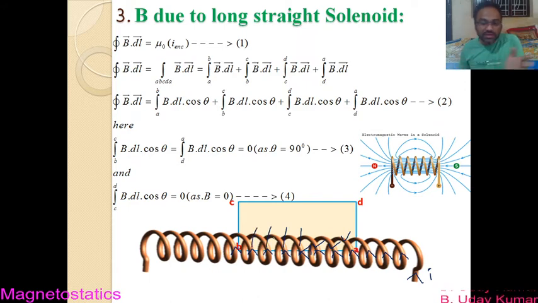So diagrammatically, if I calculate here, actually the current that is entering is I, but the current that is present inside the closed path is 1, 2, 3, 4, 5, 6, 7. So that means the current that is present inside the closed path is 7I. That is what I am explaining from the diagram, right? But it need not be 7. It depends on the closed path that you are choosing, right?